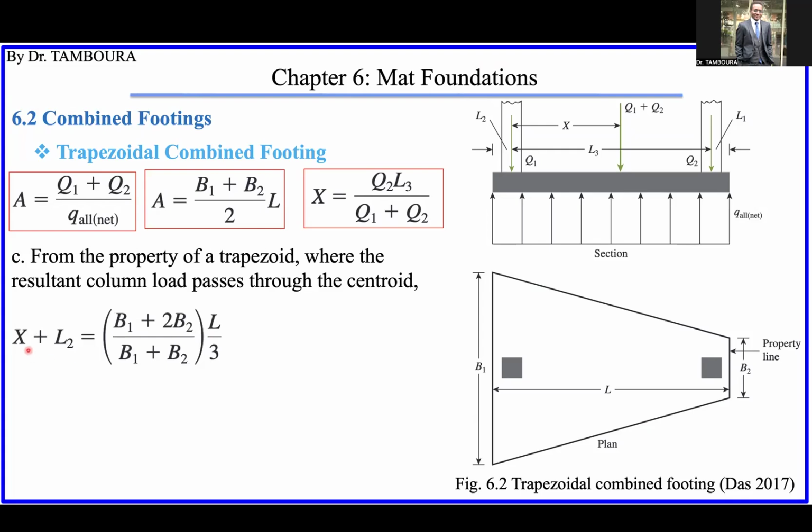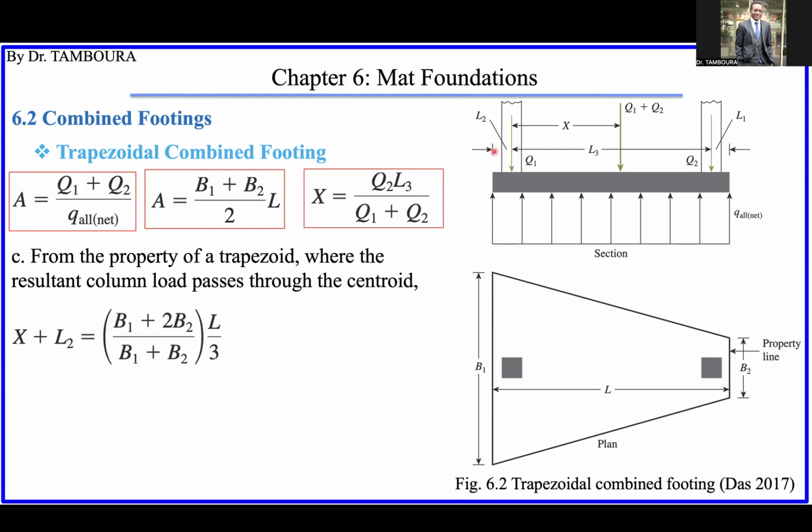So x plus L2, what is L2? Check here, from here to here is L2. It means from the center of this column to this limit. Remember that this limit, for example if the property line is here, is mainly determined by the property line.